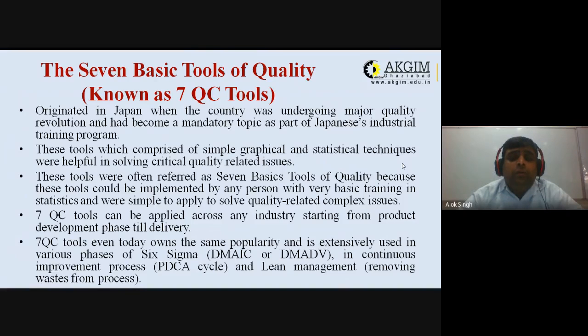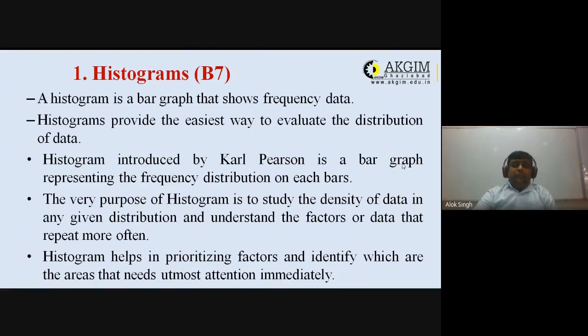You can use the 7 QC tools for Six Sigma, for continuous improvement Kaizen, for total quality management, or for lean management. These are widely applicable tools, and they are very basic, so you can apply them to your real life problems also to improve quality. Basically, the first tool is the histogram.